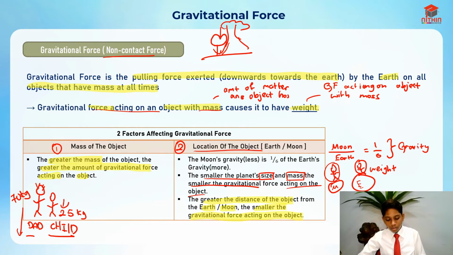So if a person is really far away from the Earth, okay, so this is quite far, there's a smaller gravitational force acting on the person. And if a person, imagine this is the moon as well, is further away from the moon, there's lesser gravitational force acting on the person, okay. So I hope you understood that. Now let's move on, okay.